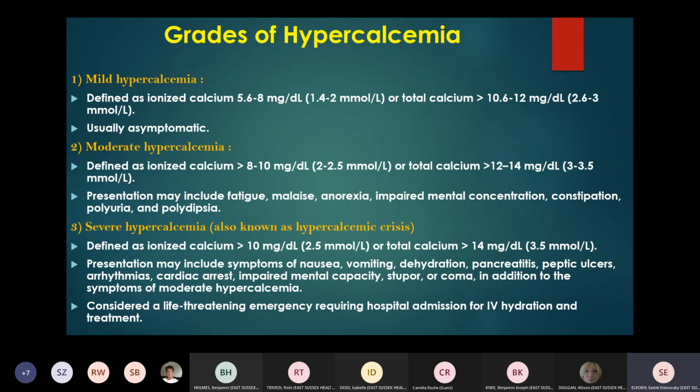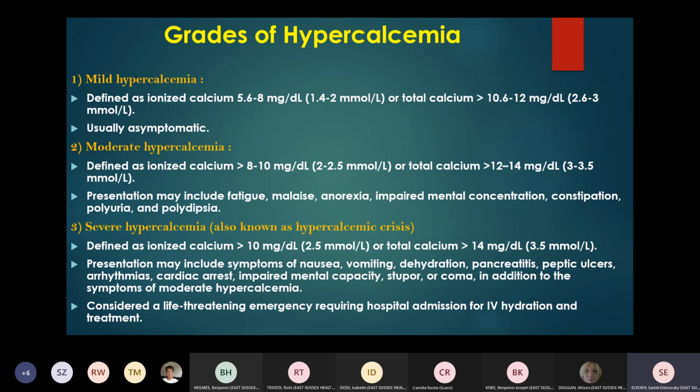Most of these patients are asymptomatic. They don't have symptoms, and these patients can be discharged home with advice for good hydration and to avoid drugs containing calcium, and to do investigation as outpatient.